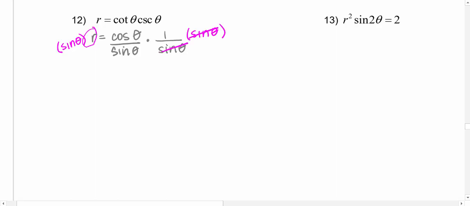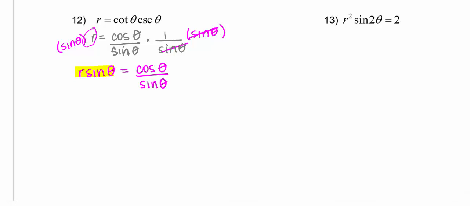Again, that will divide out to 1. So I have r sine theta on the left, which I will absolutely want to leave if I can because that is y, equals cosine theta over sine theta. Now we would think, oh good, cosine theta over sine theta is cotangent theta.